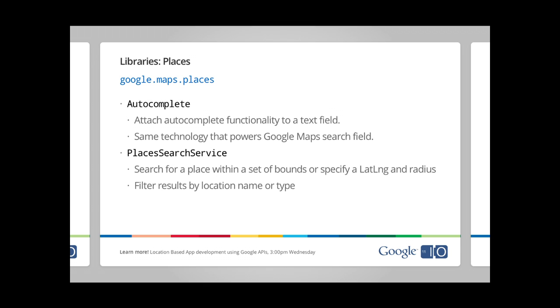And then places. Places we announced that we launched out of developer preview in the session earlier today. There's also a places library that you can load for the Maps API version 3. It supports 2 services, autocomplete, which if you're familiar with maps.google.com, when you start typing, you see a list of possible results, autocompletion of addresses or autocompletion of business locations.